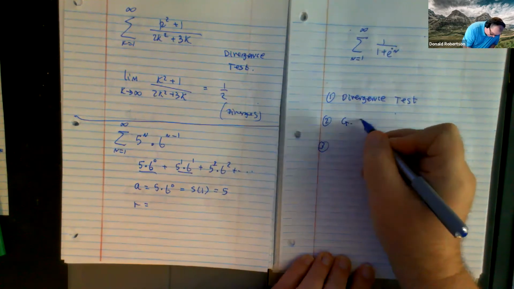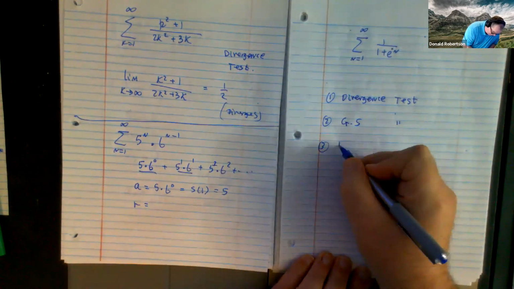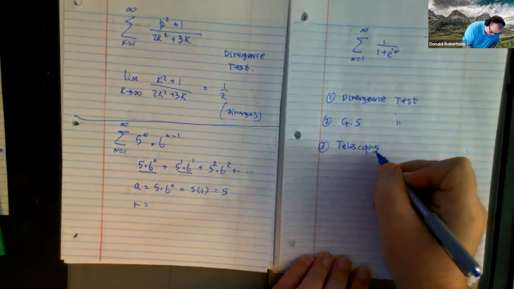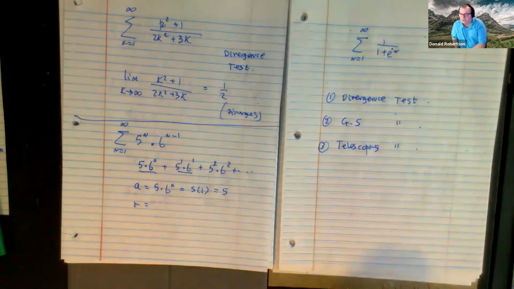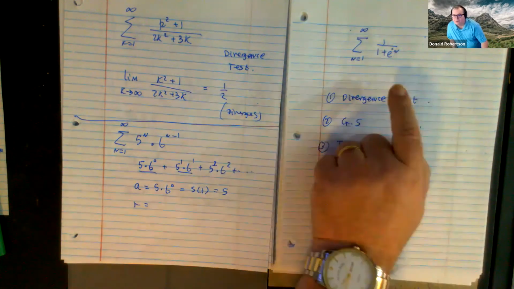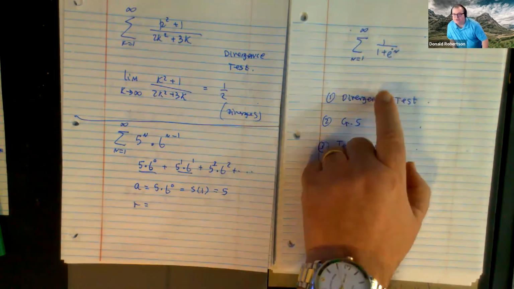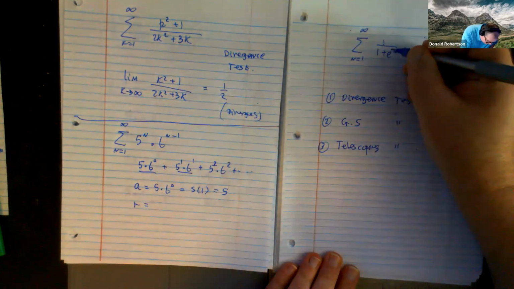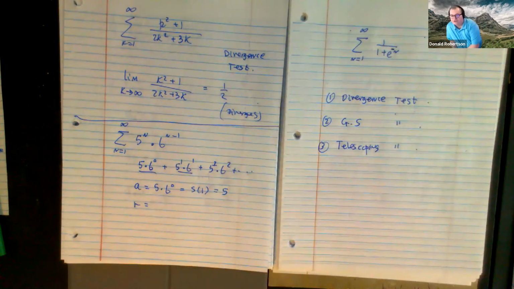You can do it with a geometric series test, or you can do it as a telescoping series. That's the only 3 we know of. There's more to come, but right now, that's the only 3 guys in town. Which of these 3 tests do you think, by the way, that's e to the negative n, in case you're wondering, should I use?